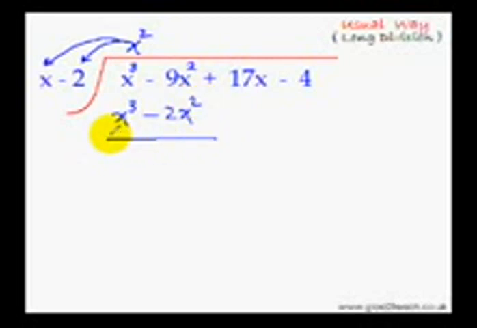Subtraction in algebra means changing the signs and then adding the terms. Since this is plus x cube, it will become minus x cube. This is minus 2x square, so it will become plus 2x square. This positive x cube and this negative x cube cancel each other out, so you strike it out. Minus 9x square plus 2x square is minus 7x square. And you simply drop down these remaining terms.